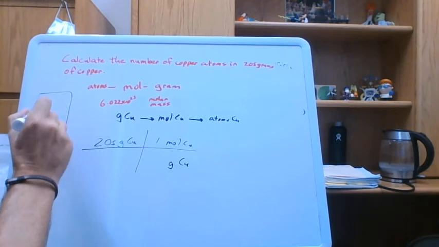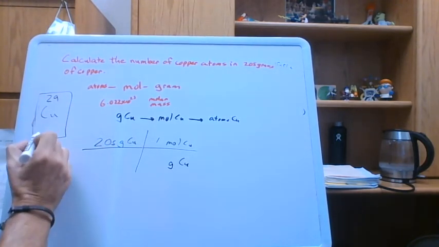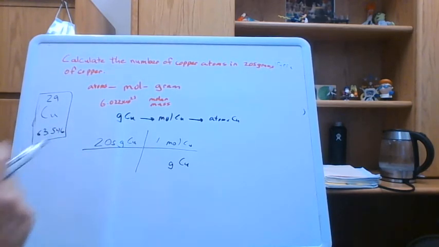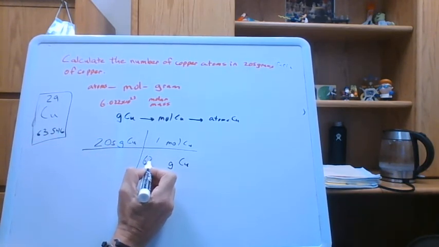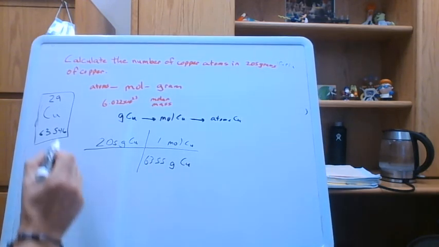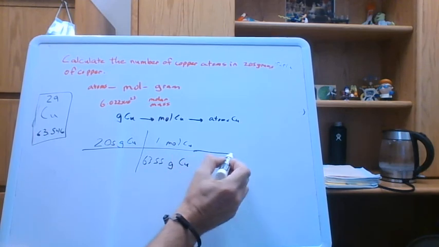Find copper on our periodic table, it's element number 29, and its mass is 63.546. So that tells us that 1 mole of copper weighs 63.5, we'll just call it 63.55 grams. So you're going to find the element on the periodic table and take this mass.